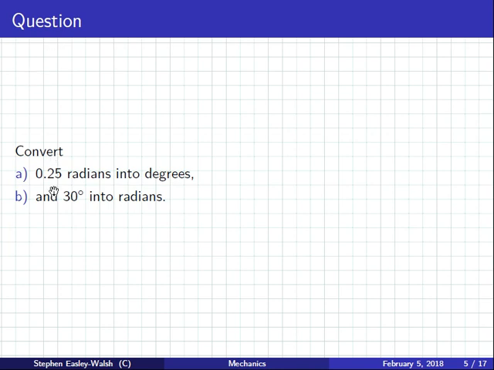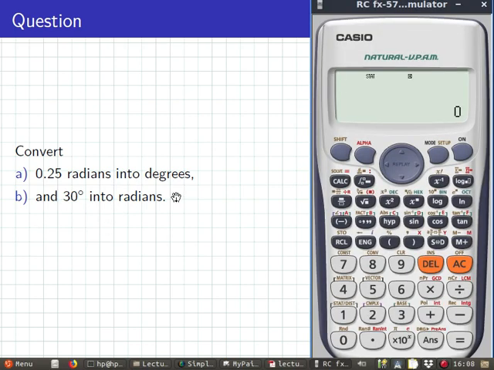I want you to change 0.25 radians into degrees, and I want you to change 30 degrees into radians. You got both?